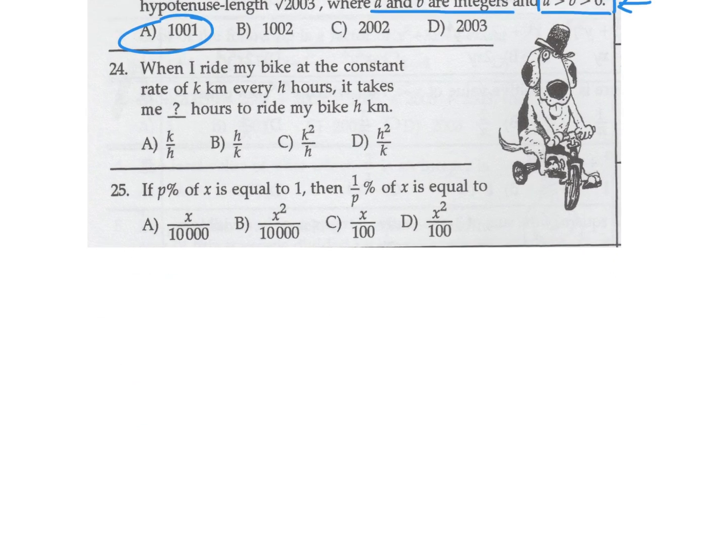When I ride my bike at a constant rate of k kilometers every h hours, it takes me some hours to ride my bike h kilometers. Okay, so speed is equal to distance over time. In this case, that would be k kilometers over h hours is the speed. And that is the same as distance over time.